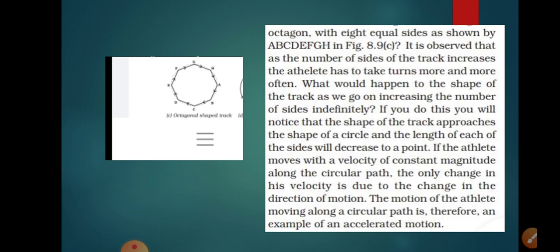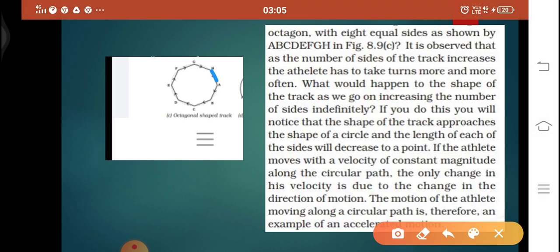And if you take a geometry having 100 sides, it will change the direction 100 times, but each side will be very small. In the octagon also each side is very small.